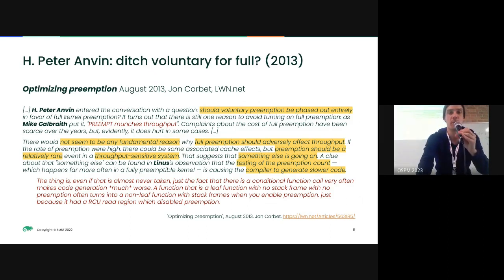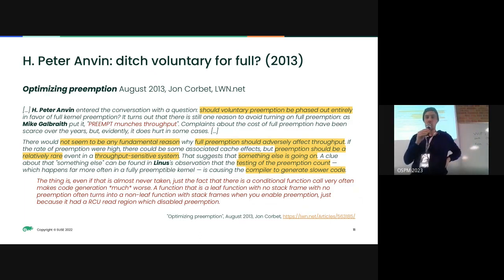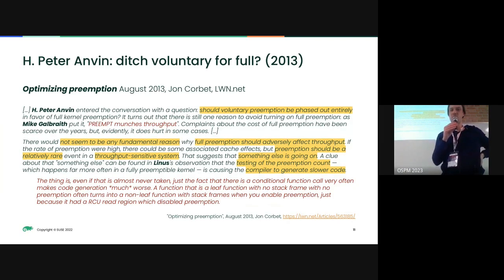Should voluntary preemption be phased out entirely in favor of full kernel preemption? It turns out that there is still one reason to avoid turning on full preemption. As Mike Galbraith put it, preempt munches throughput. I don't know that word, munches. It's bad for throughput.